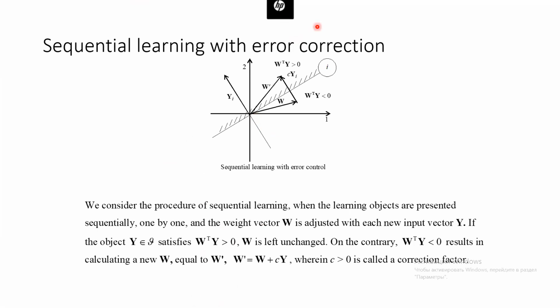How can we decide the value of the angle we should rotate the old vector? This parameter C, which is the correction factor, you just select randomly on your own.